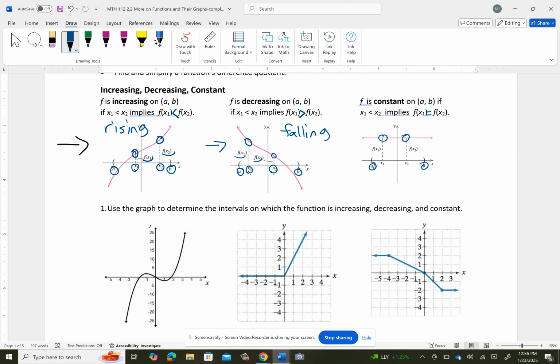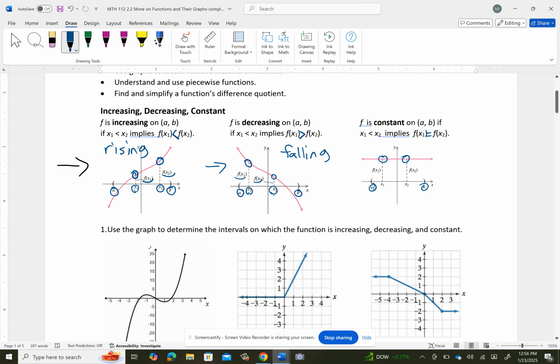Now this is related to slope back with lines. Remember, if you had a line that was rising, falling, or constant, the slope was some positive number, some negative number, or 0.